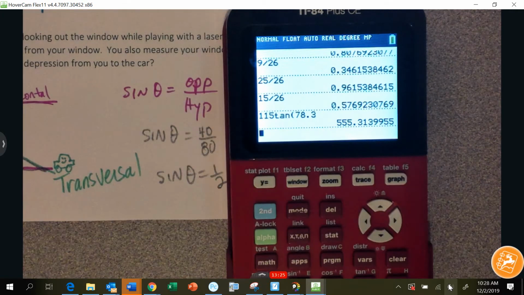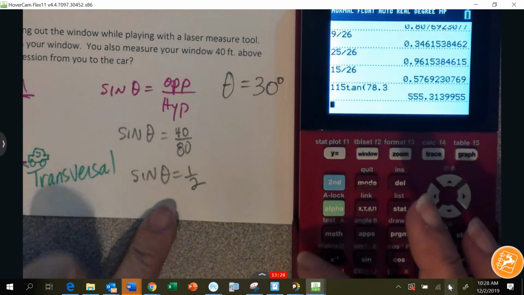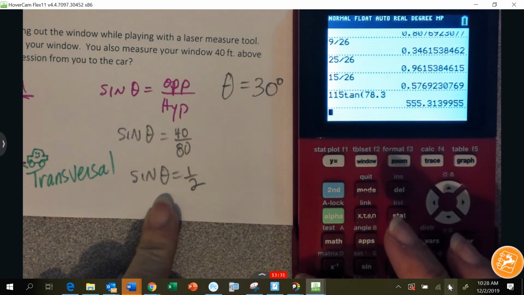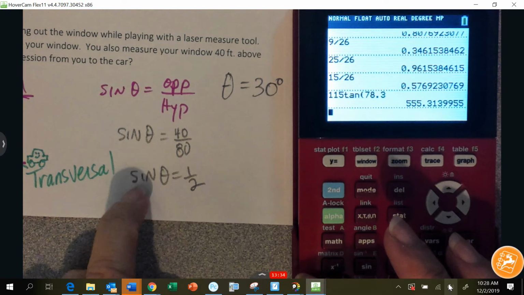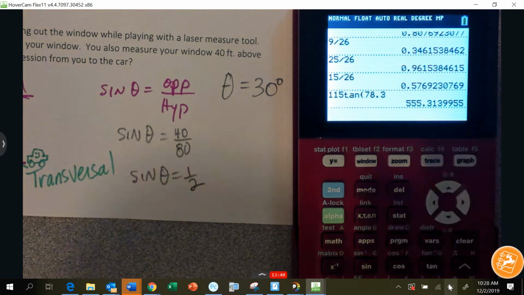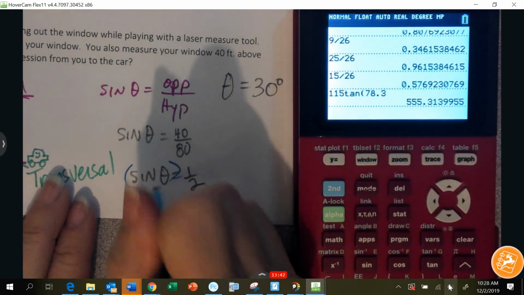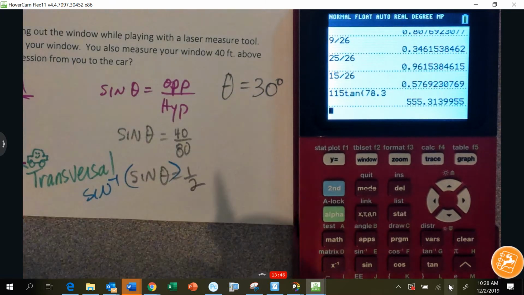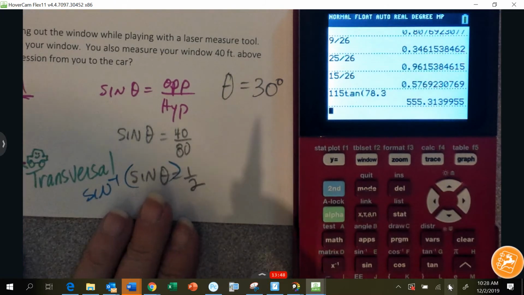So if we're doing this on the calculator, sine theta equals 1/2, and you want to get theta by itself, what do you do? Inverse sine. You have to inverse sine both sides. The only thing that undoes something is its inverse. So inverse sine is the inverse of sine.